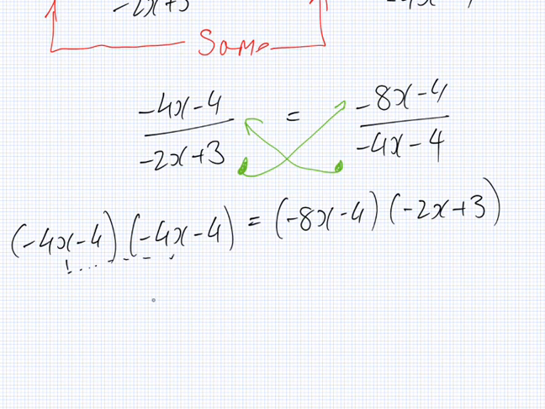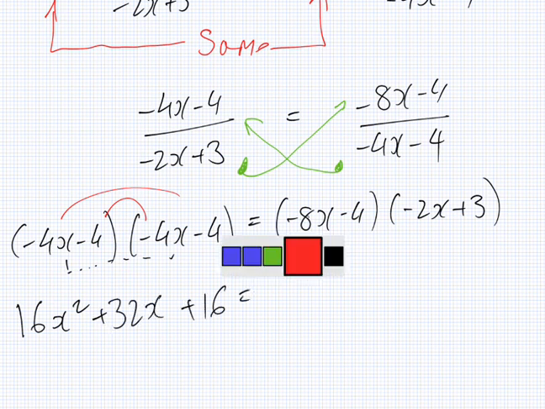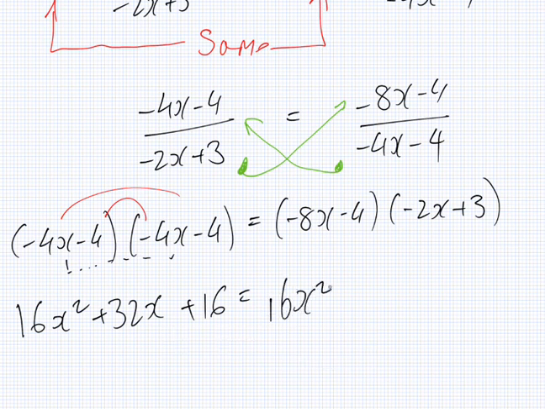So if I multiply these together, let's see, I'll get 16x squared, 16x and 16x, so that's plus 32x plus 16 equals 16x squared, and then I have minus 8x minus 24x is minus 32x, I hope, minus 12.